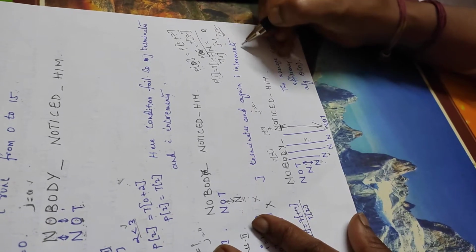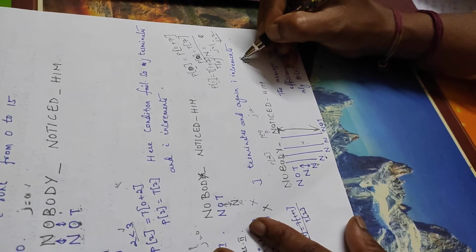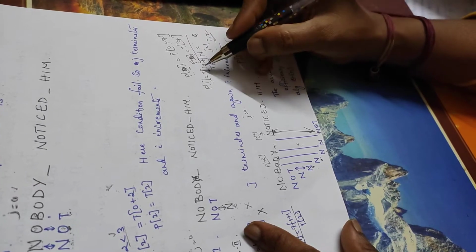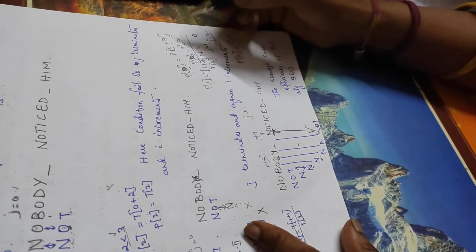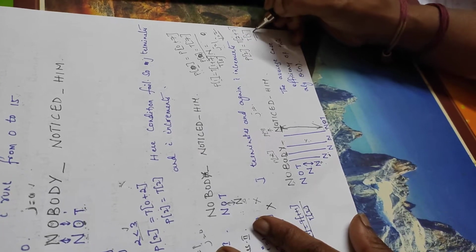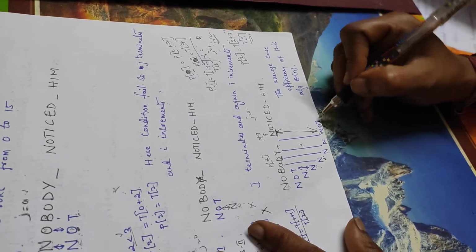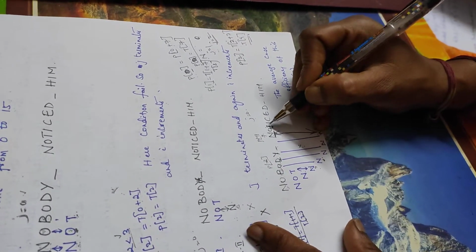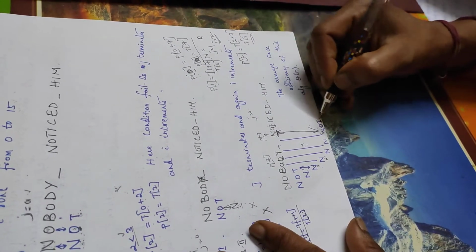Now p of 2 is compared with t of 9th position, where j is 2 and i is 7. P of 2 is t, and the t of 9th character is also t. So t and t are matched.